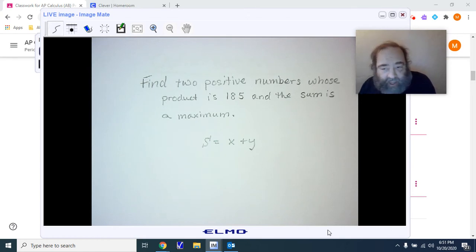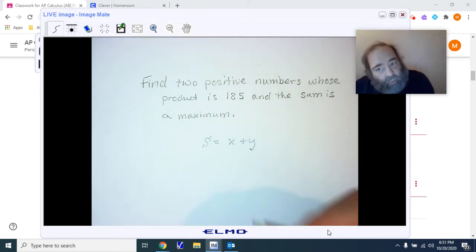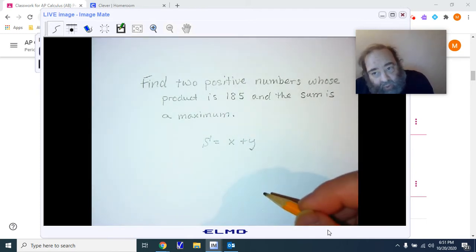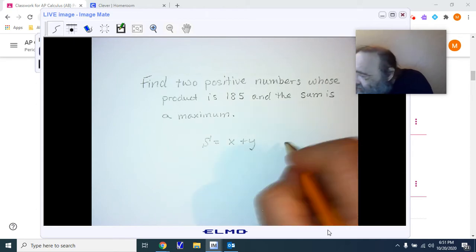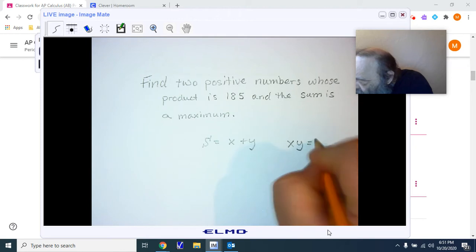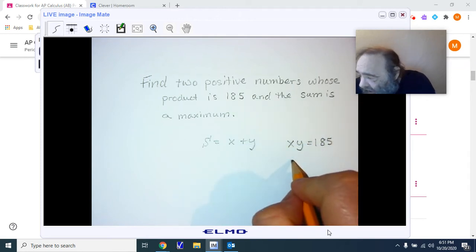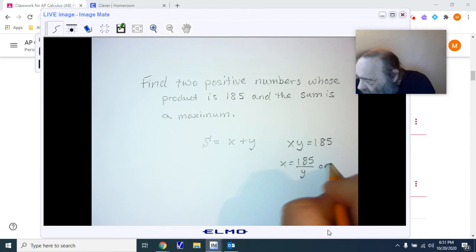Now, amongst the information, they will always give you enough, or they will reference something that you will need. In this case, they are telling us that the product x times y is 185, and therefore I know that either x equals 185 divided by y, or y equals 185 divided by x.